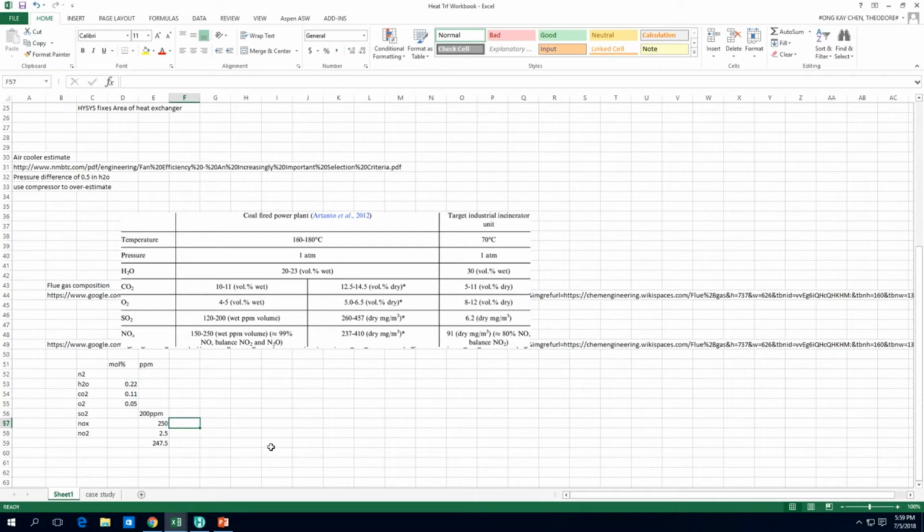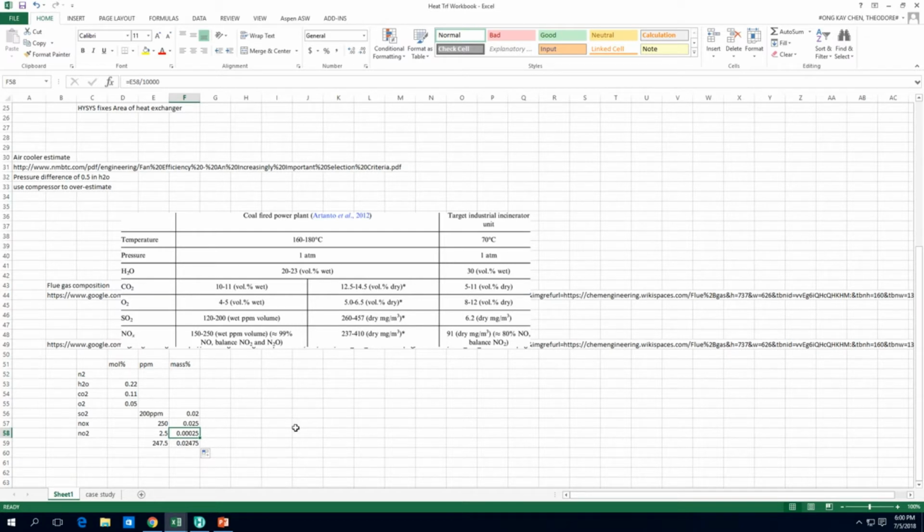By mass, all these will be in ppm, and ppm has a direct translation to mass percent. So it's equals 200 divided by 10,000, so on and so forth. Okay, so that's a very low mass percent.